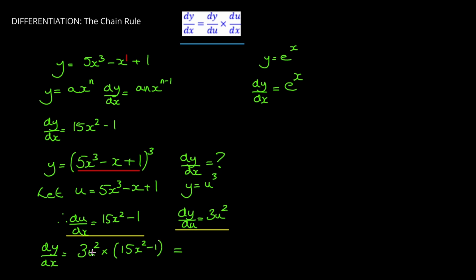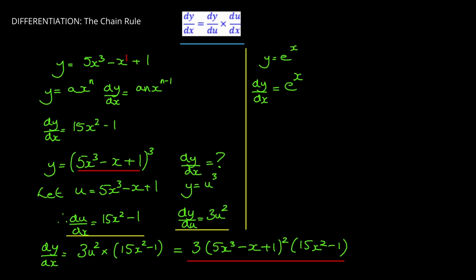So putting back our substitution for u, we get 3, there's our u, which is 5x cubed minus x plus 1, this time raised to the power 2, multiplied by 15x squared minus 1. And that is your answer. And that, I'm sure you agree, is a lot simpler than multiplying this out and then differentiating the terms separately. But what about our second example here?